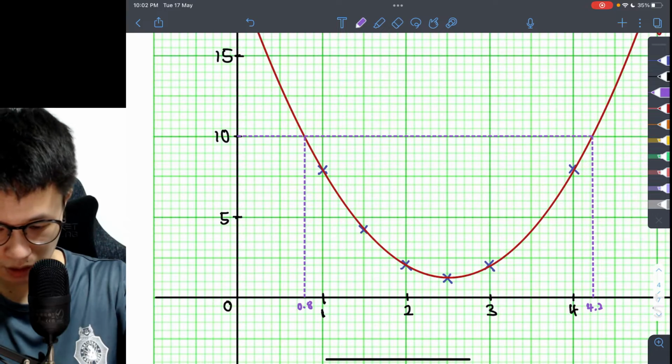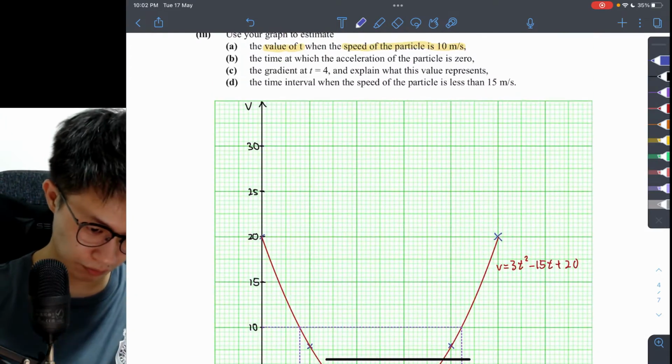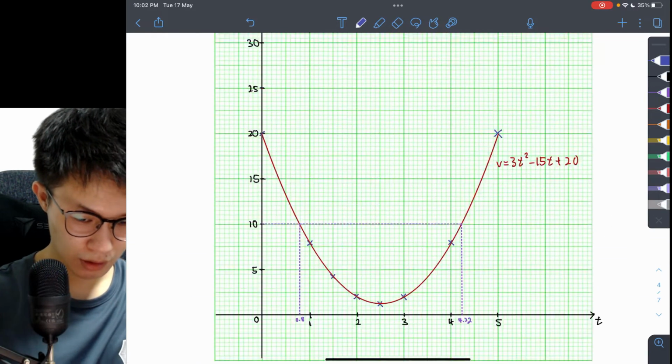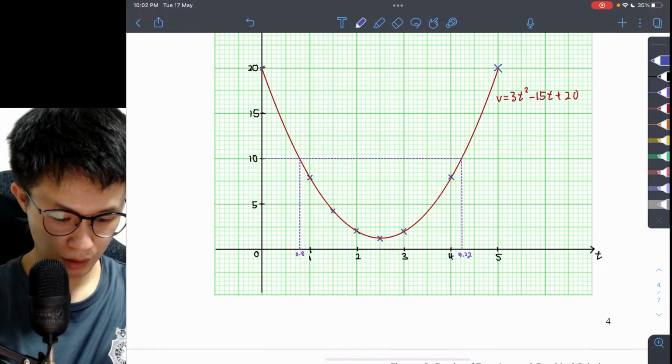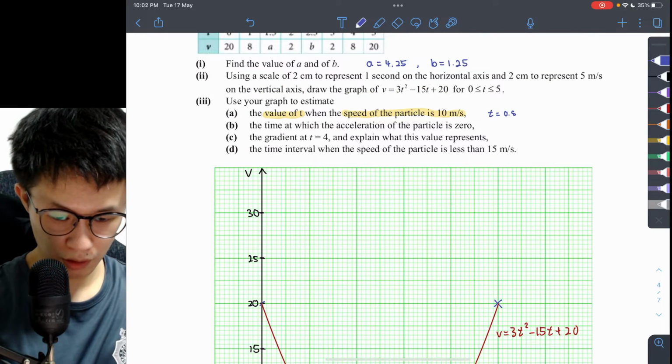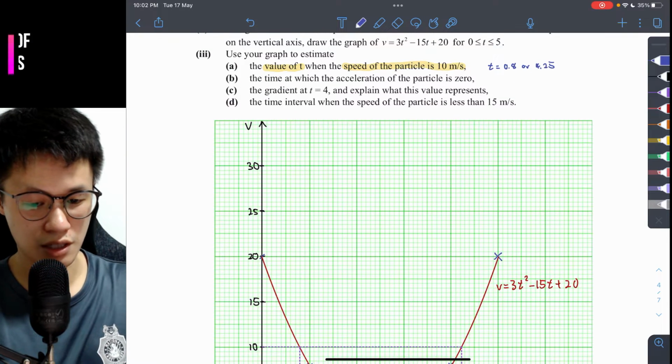Okay, just estimate it and you'll be fine. So for part A, we have that t is equal to 0.8 or 4.25.